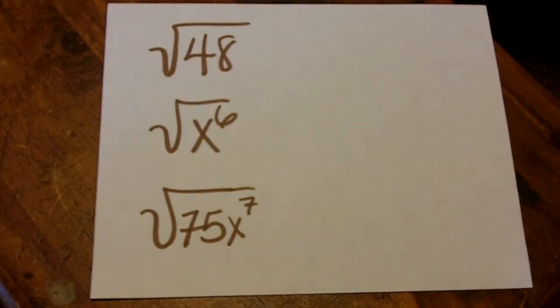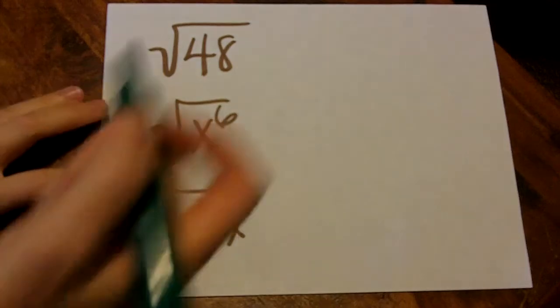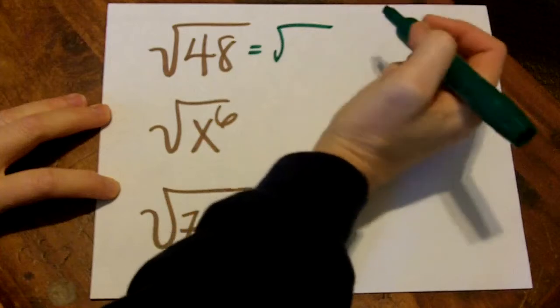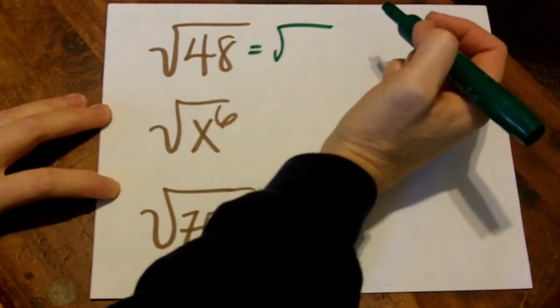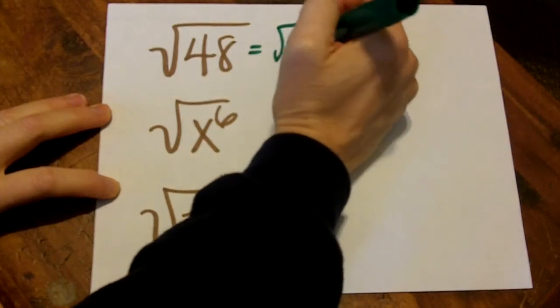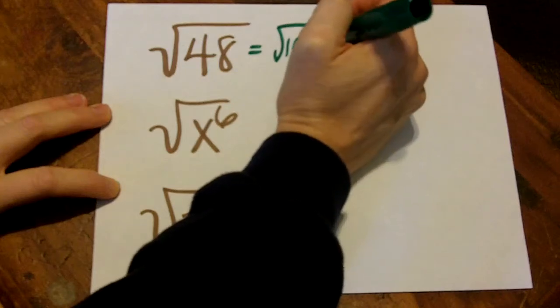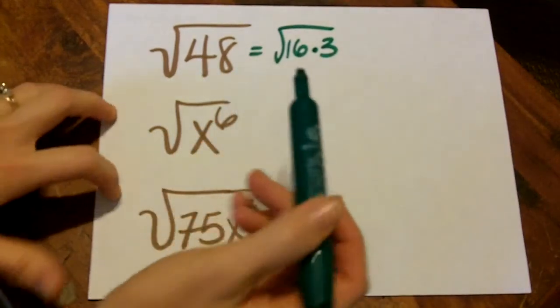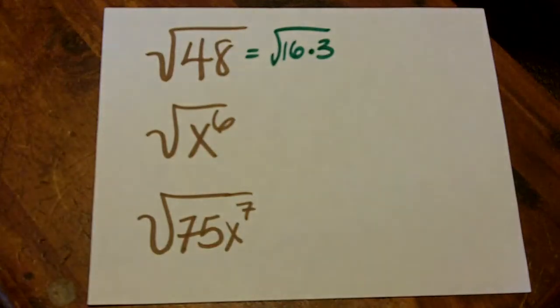If you had the square root of 48, maybe you can look at that and tell right away that that is going to be 16 times 3. What you want to do is think of factors of 48 that you can take the perfect square of.